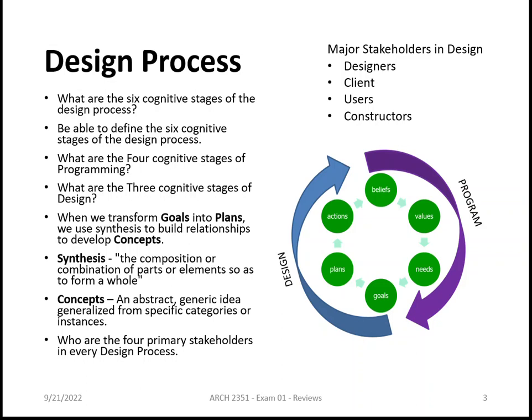You need to know what those mean. If I do a match with goals, and I give you a list or a multiple choice, and ask what's the definition of goals, you need to be able to know what that is.